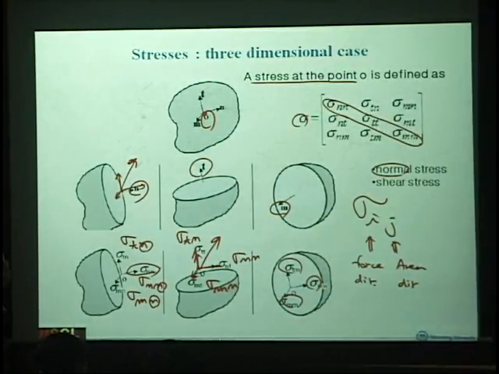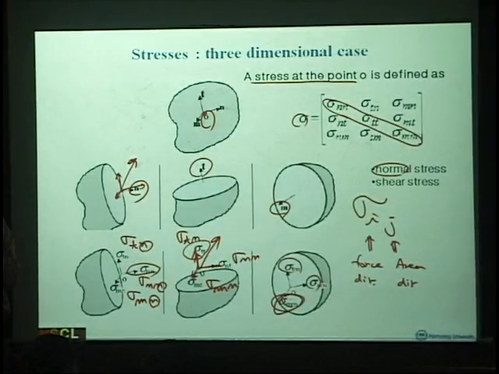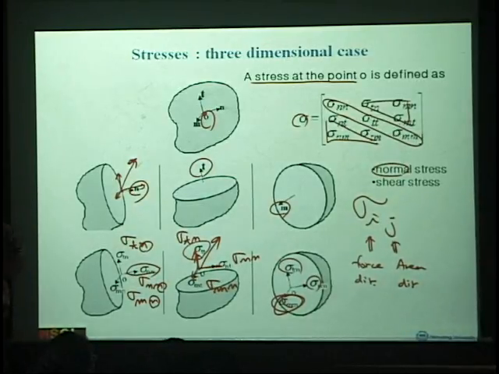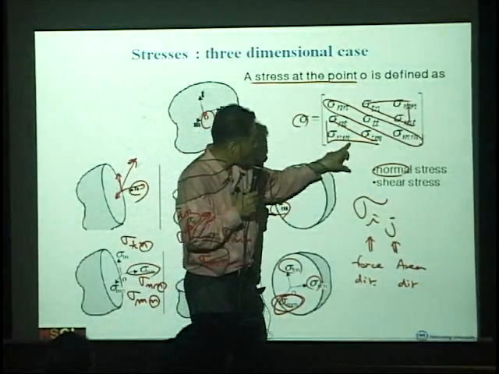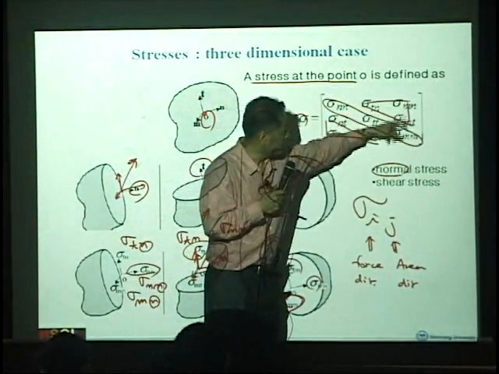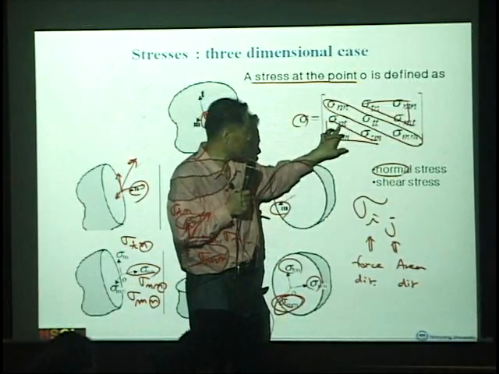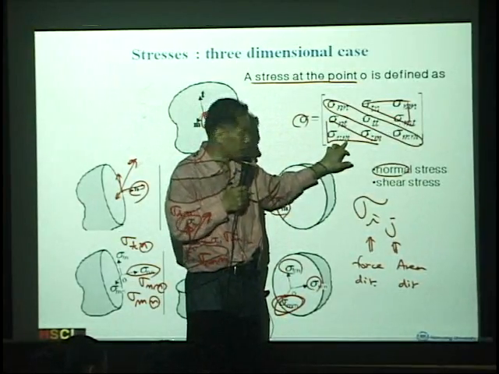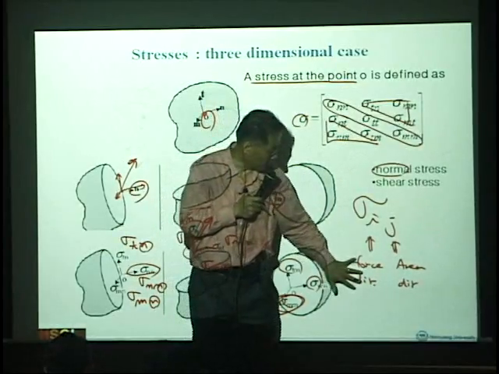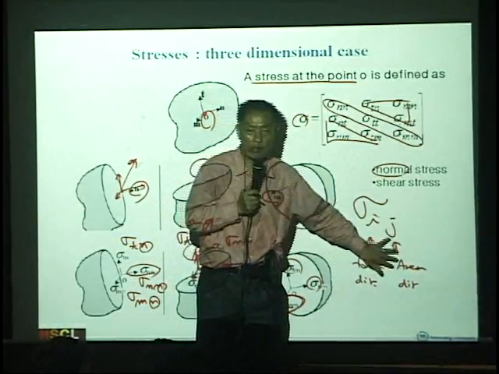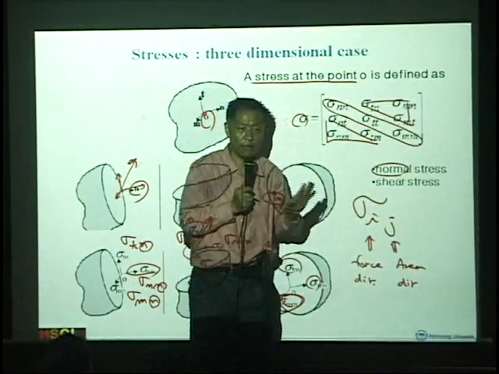This is a normal stress. For the other stresses, these three and these three, totally six components, NM, NT, TM, and so on, the two subscripts are different from each other. That means the force direction and the cross-sectional area direction are different.